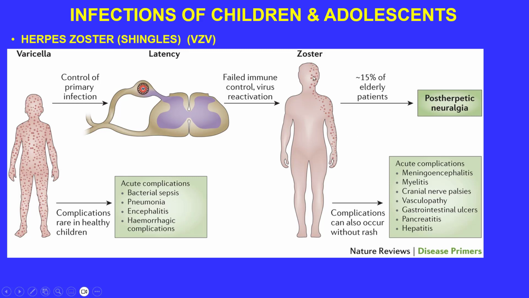So as you can see, this is following down one line. The complications can also occur without the rash. Unfortunately, angioencephalitis, myelitis, cranial nerve palsies, vasculopathy, gastrointestinal ulcers, pancreatitis, and hepatitis.